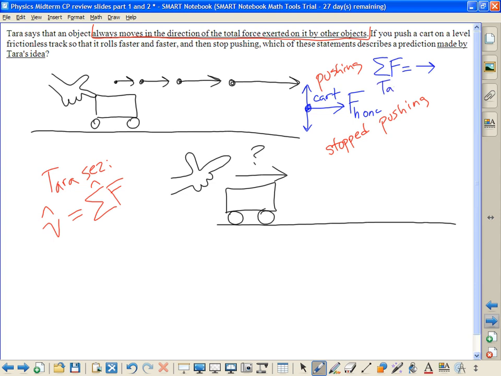Tara says, see, my idea works, because the cart is moving in the direction of the total force on it. So here's an answer that may appear.